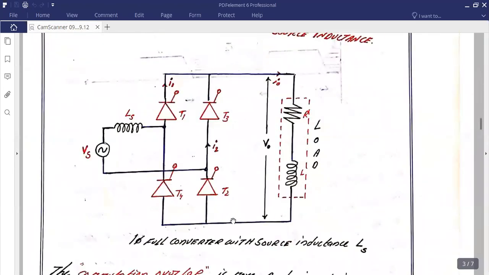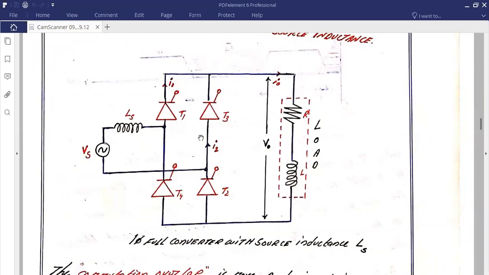Okay. So this is the circuit which is considered with a source inductance. Whenever a converter is considered with the source impedance, the first thing is that the source is provided with resistance as well as inductance.